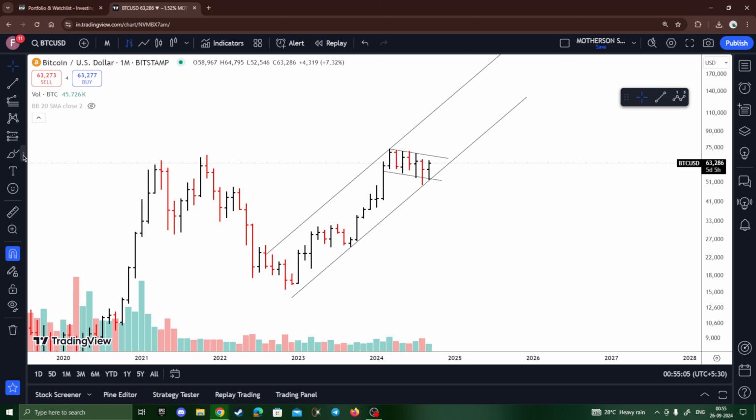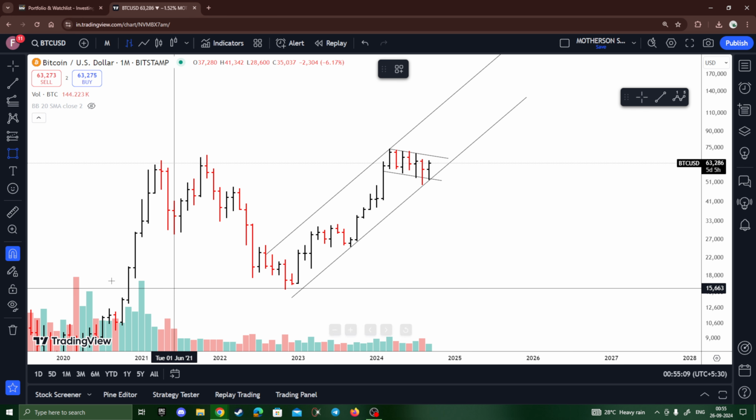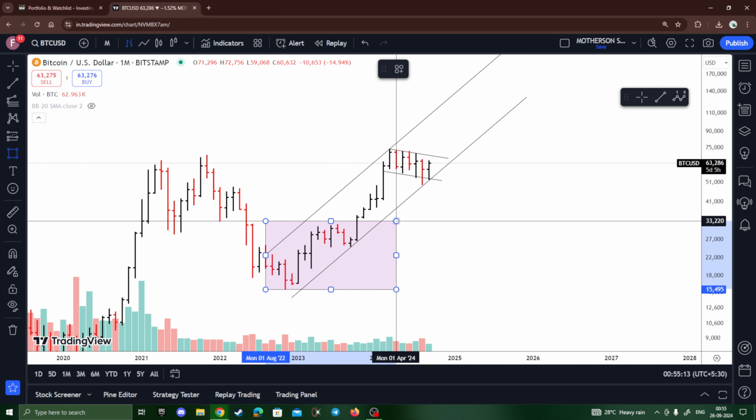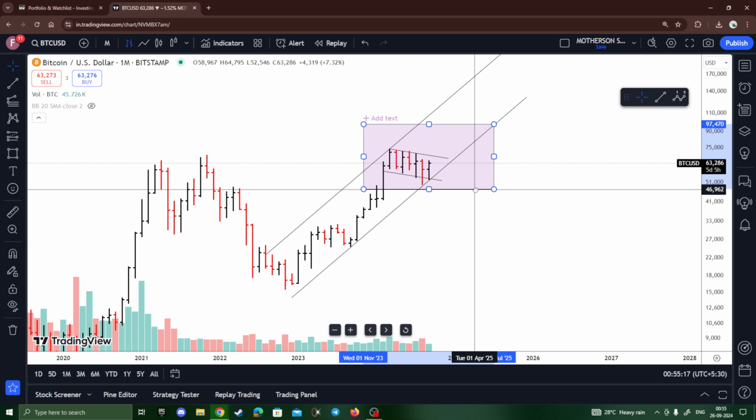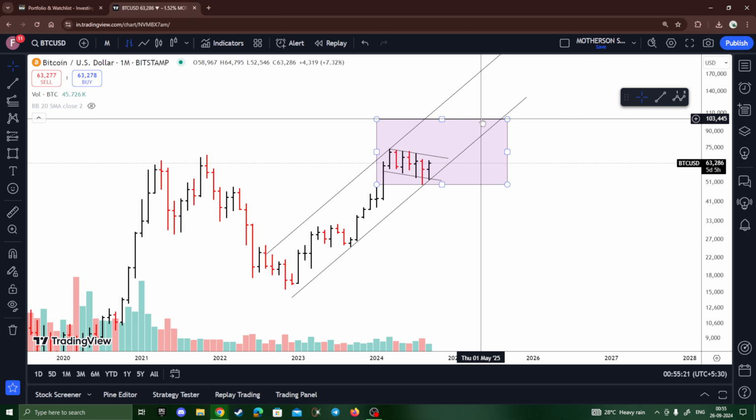Or if I have to go the traditional method of just counting the length of previous moves, then I think that would ideally take us somewhere around 1 lakh zone. So 1,03,000.